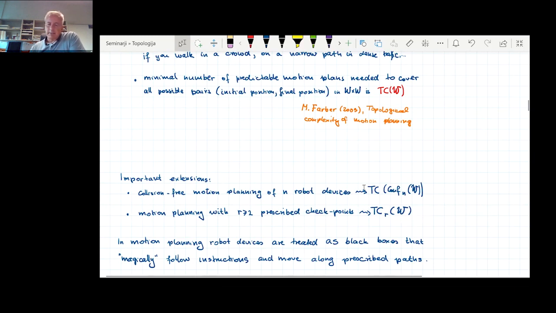And again, the theory is developed, which allows us to compute either precisely or with some probability these values, so the minimal number of those plans. And of course, it's clear that this is important because this kind of measures the problem.